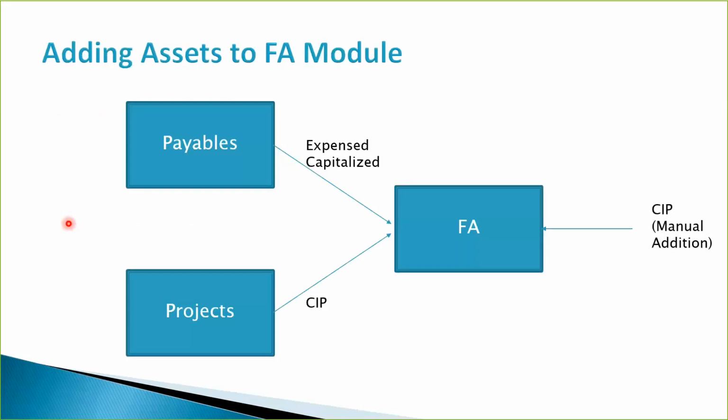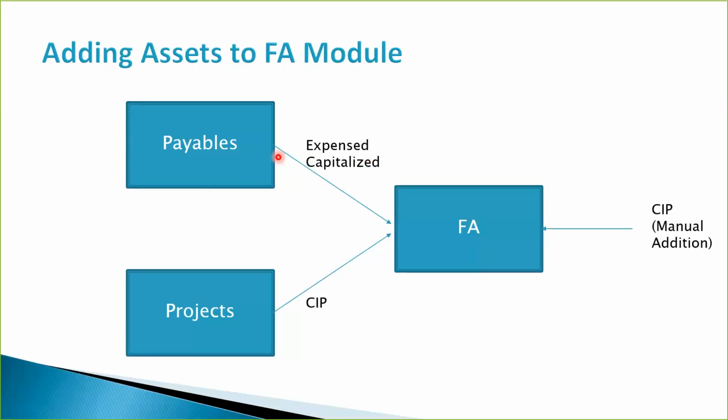So let's talk about how these assets are added to our FA module. Assets can come from payables if they are expensed or capitalized assets. Okay, so these are assets which you can purchase.